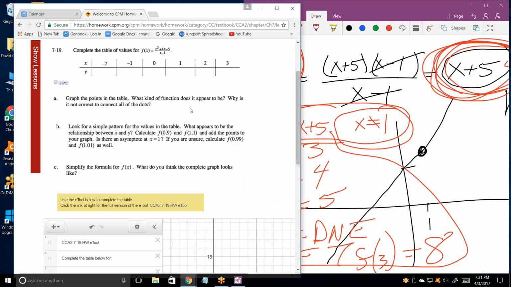It's not linear, it's not continuous. In other words, the definition of continuity, which you're getting to, is, can I draw the graph without lifting my pencil? Well, I cannot draw that black graph without lifting my pencil. I got to lift my pencil to draw the circle.